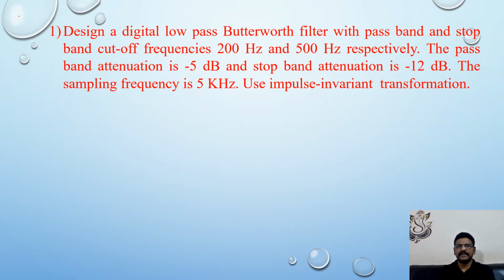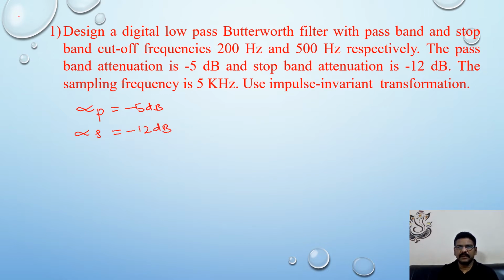Always the first step is to write the given desired parameters to design your H of z. So what are the given parameters? One is alpha p, the passband attenuation, given as minus 5 dB, and the stopband attenuation alpha s is minus 12 dB.